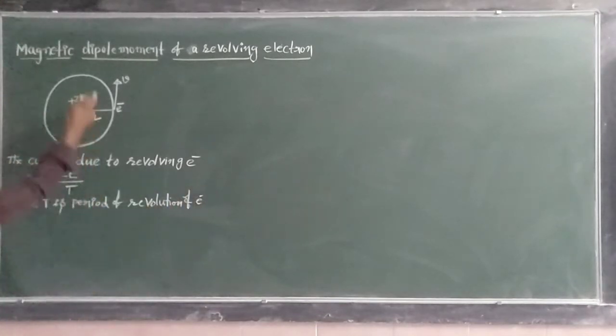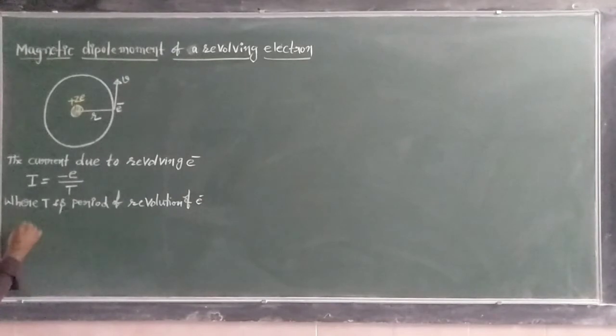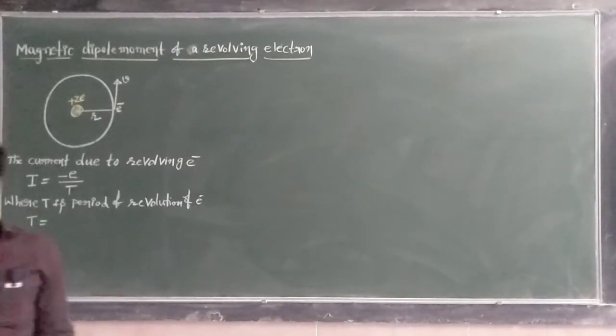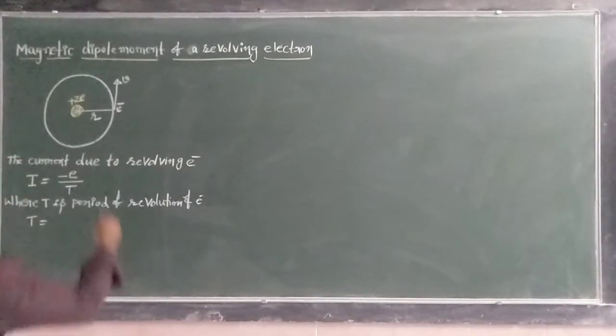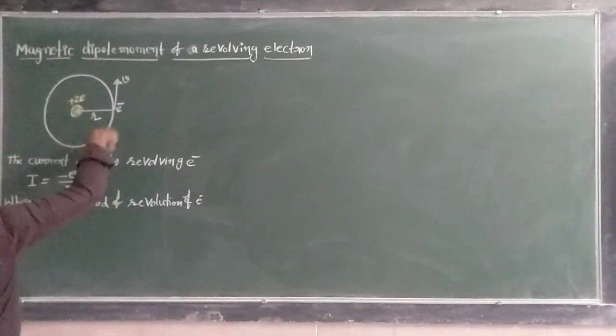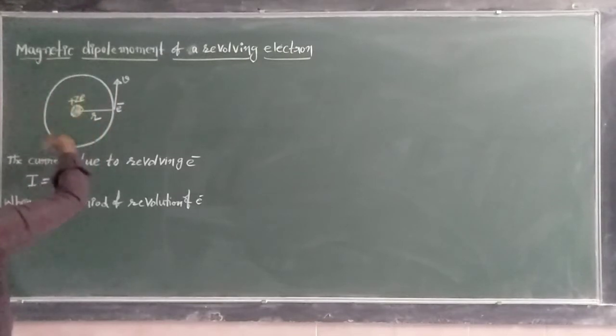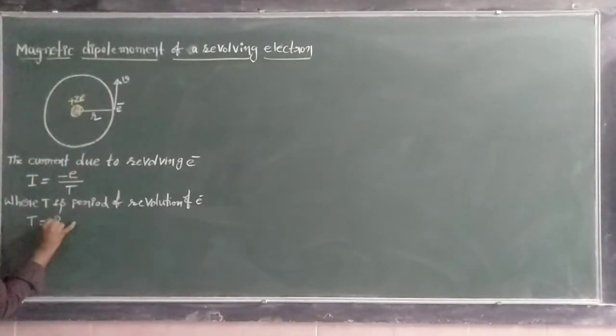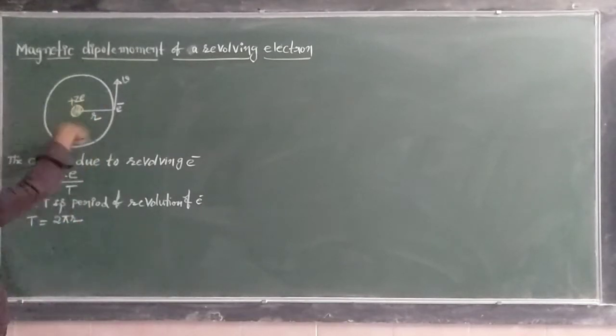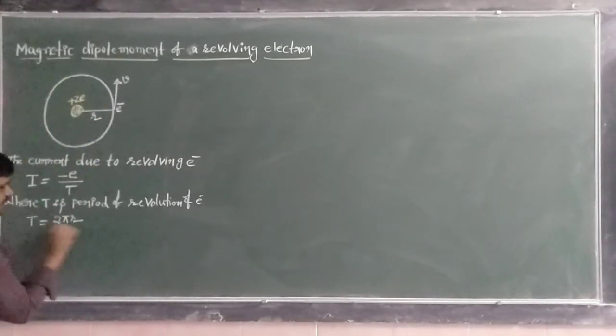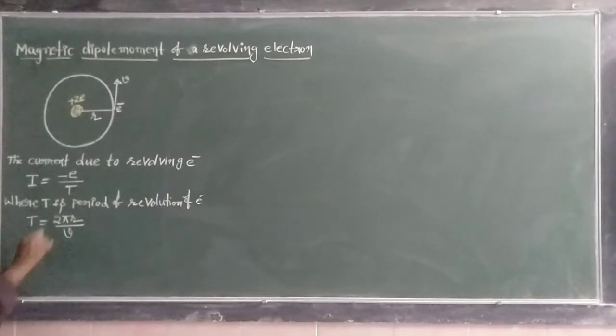That means the time taken by the electron to complete one revolution is T. Time equals distance by speed. Distance is the total distance covered by the electron in a complete revolution, that is 2 pi r, where r is the radius of the circular orbit, divided by v, the speed of the electron in that orbit.